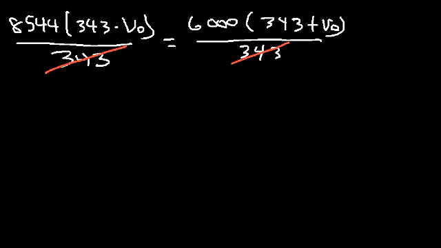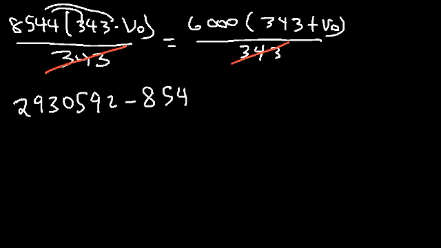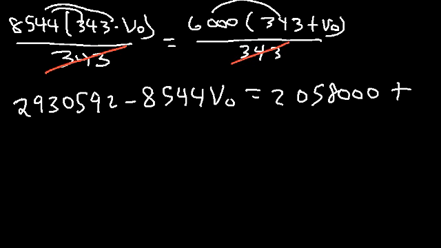Now let's distribute. 8544 times 343 is 2,930,592. And then we're going to have 8544 times VO, and that's equal to 6,000 times 343, which is 2,058,000, plus 6,000 VO.